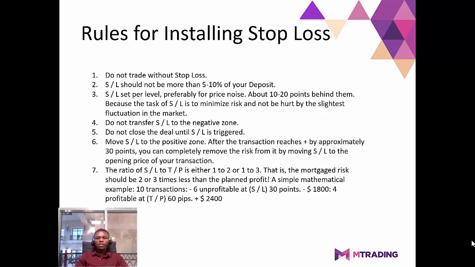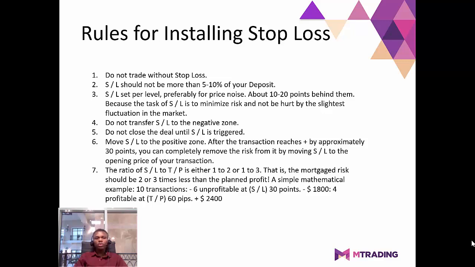The universal rule says that per position you don't have to exceed 2% risk of your deposit or your balance. Here, what you need to know is that you need not to exceed five positions, because you see when it's 2 times 5 and now it's 10%, so you don't have to exceed this.